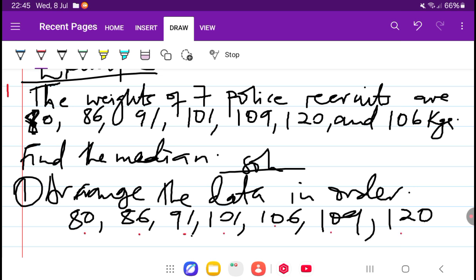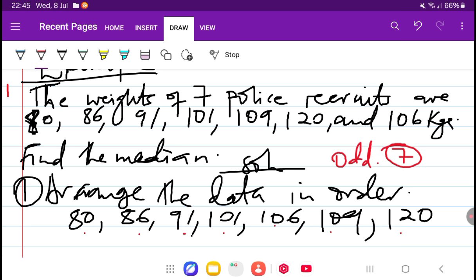There are 7, meaning that's an odd number, so implying that what is going to be in the middle will be our middle value.